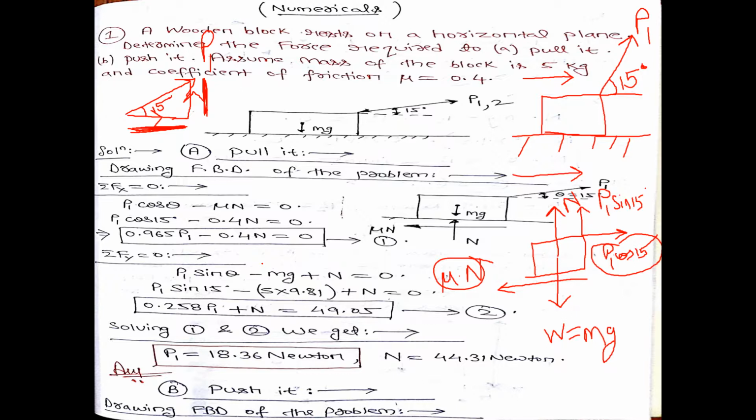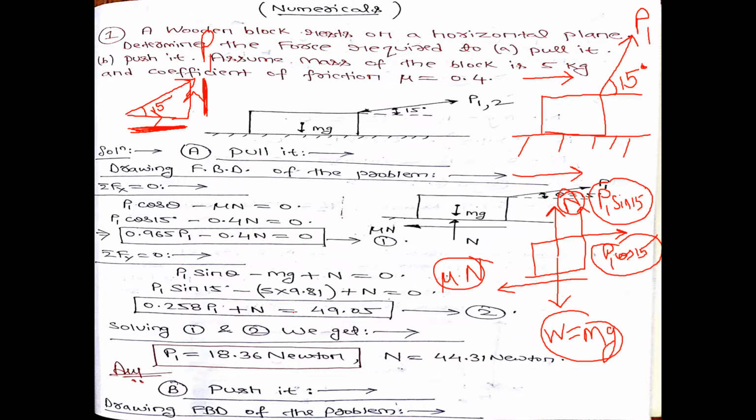Now if I use summation of Fy equal to 0, then I can write plus P1 sin 15 plus N minus mg equal to 0. P1 sin 15 is nothing but 0.258, so it becomes 0.258 P1 minus m g, where the mass of the block is given as 5 and g is 9.81, the acceleration due to gravity, plus N equal to 0.